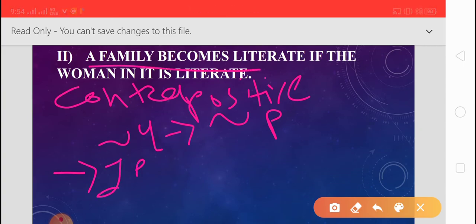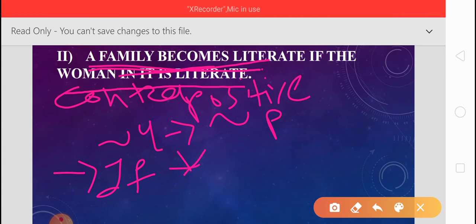If a family does not become literate, then the woman in a family is not literate. This is the contrapositive of this question number two.